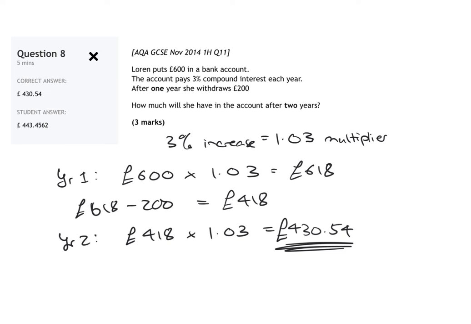Now, looking at the student workings here, they've got 443.4562. Clearly, they've got the wrong answer. It was not clear where they got the number from. So my advice on a question like this, the calculations are not particularly odious. Just redo them. Do them again, just to double check that you're actually getting the same answer twice.